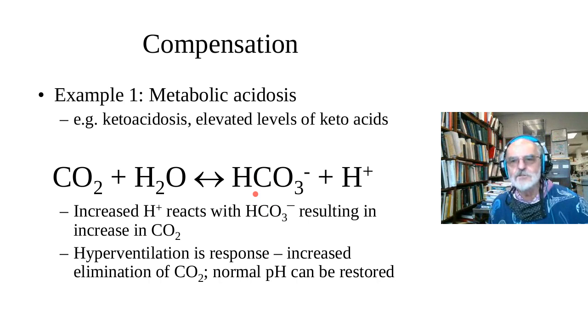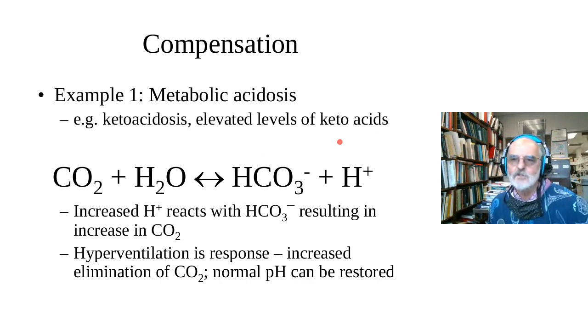And so the bicarb going down lowers the pH. It's more acidic. In response to this, your brainstem knows to tell you to hyperventilate. So you start breathing faster to eliminate more of the acid that's being produced.